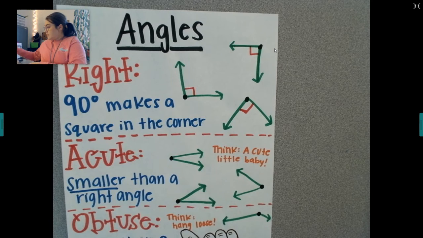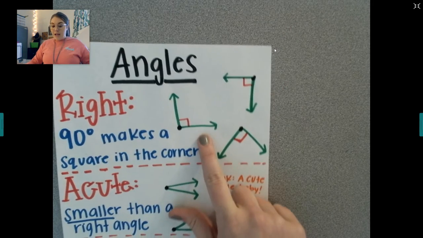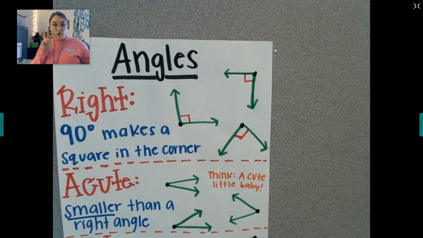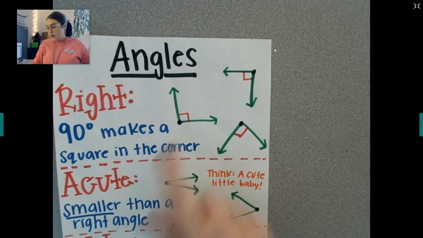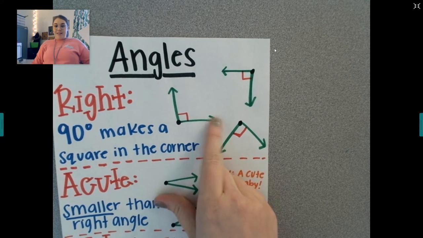Okay, so let's take a look at some of these angle cards. So again, an angle is when 2 rays have a common end point or a vertex. A vertex is when they meet together. So they have a vertex here and they both have a common end point.